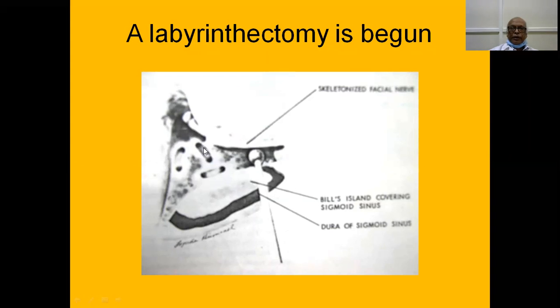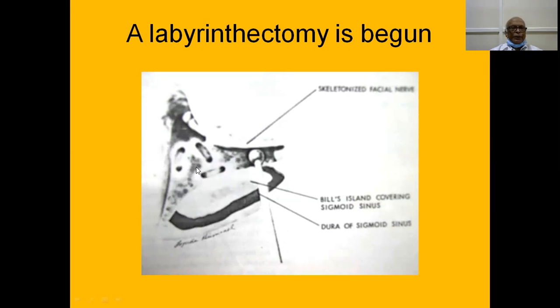This is the lateral semicircular canal, this is the superior semicircular canal, this is the posterior semicircular canal. And if the sigmoid sinus is placed very anteriorly, then the operating area is very, very crowded. So you have to drill the sigmoid sinus and make a bony island, which is known as Bill's island, so that you can compress the sinus for access.